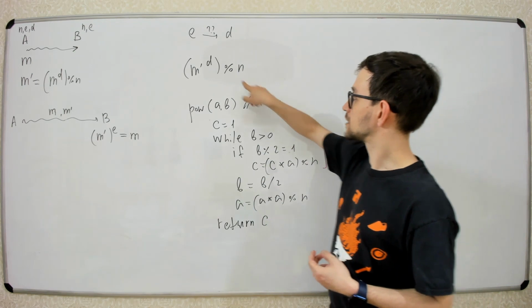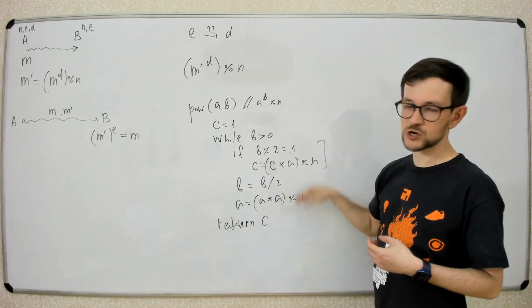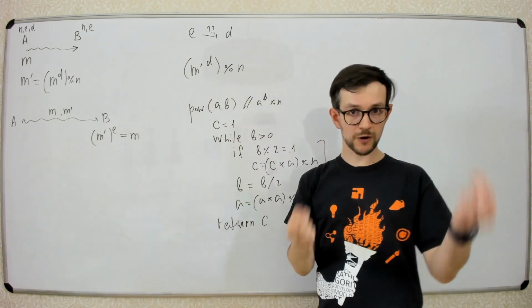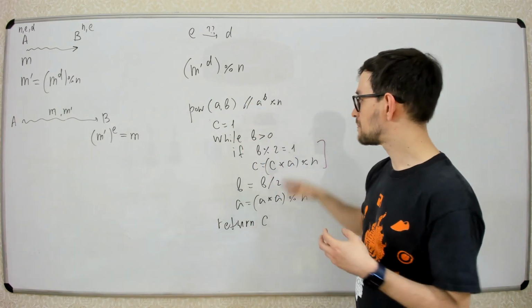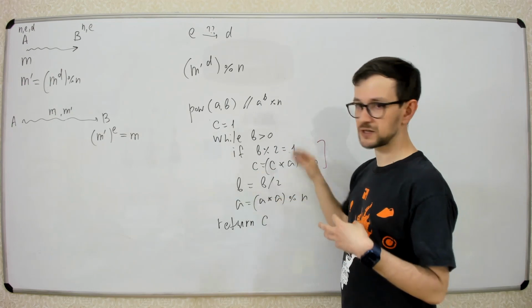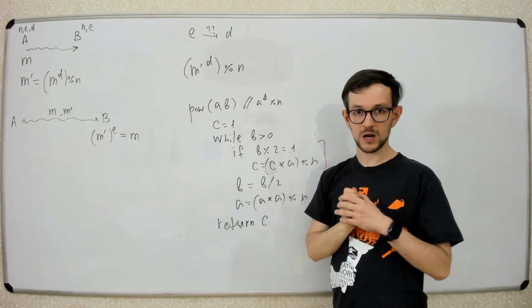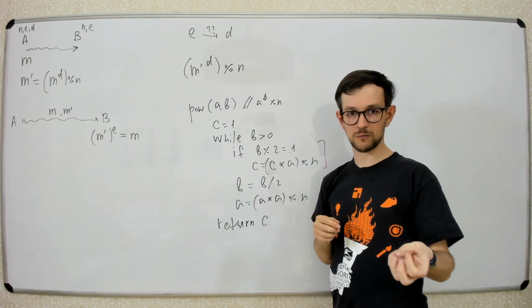So what happens in our case? In our case, the number of operations of this procedure depends on numbers m prime and d. And we know number m prime. So if we can measure the time spent by the server calculating this result, we can get some information about number d.